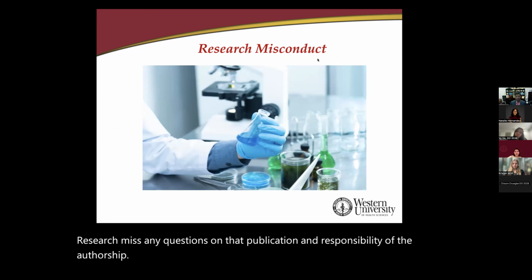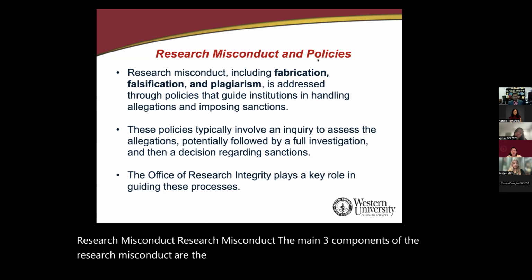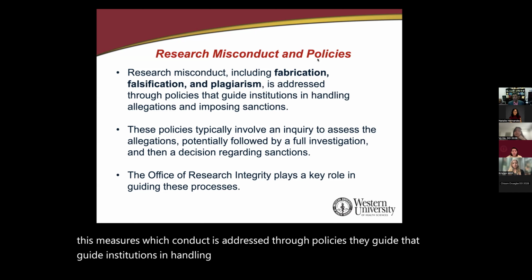Research misconduct. The main three components of research misconduct are fabrication, falsification, and plagiarism. And this research misconduct is addressed through policies that guide institutions in handling allegations and imposing sanctions.